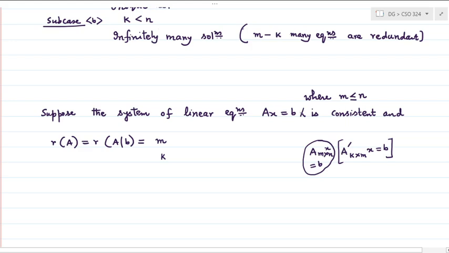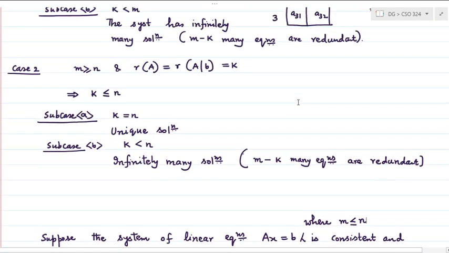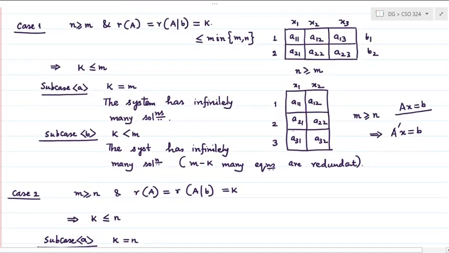So we consider this system because even if it is not m less than or equal to n, but you are considering it is consistent, in that case you can reduce the system to either a square or to a horizontal rectangular system. Fine.